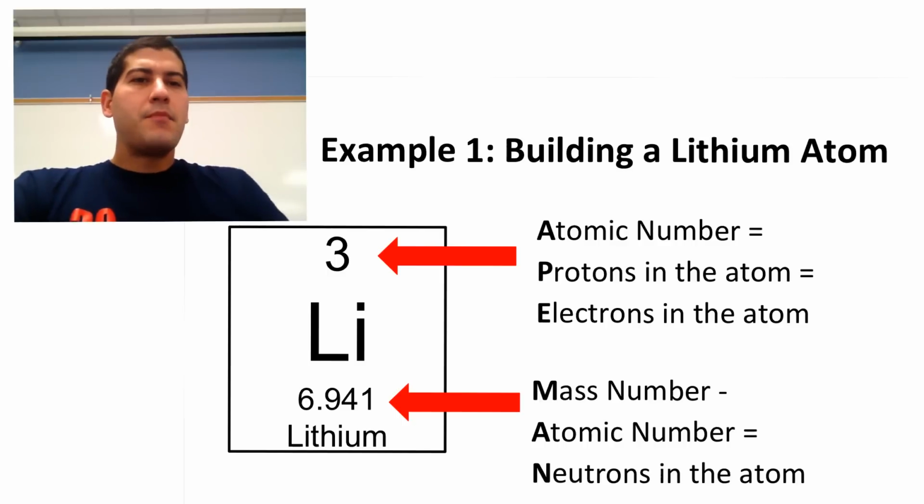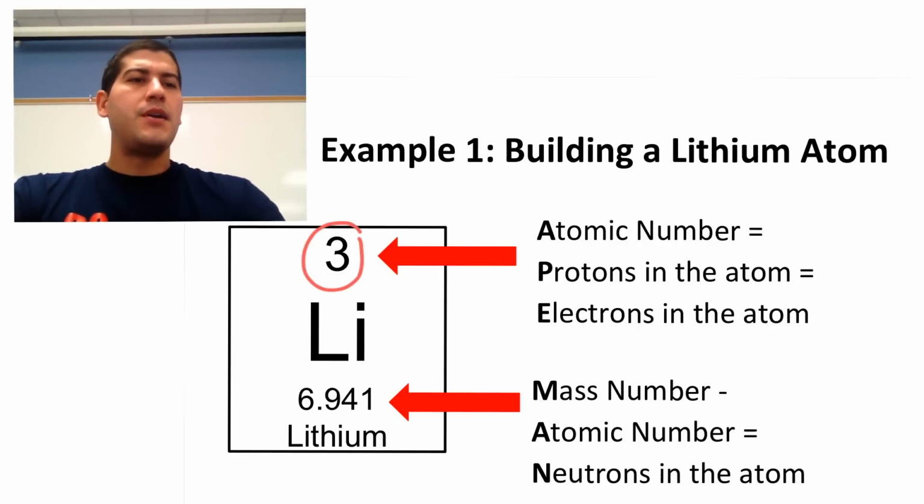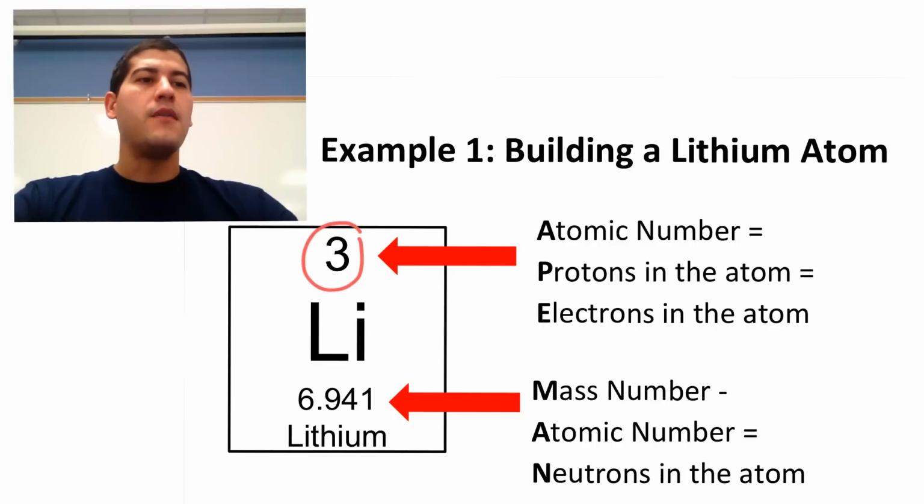The atomic number for lithium is up here, it's 3, which means the number of protons in an atom of lithium is also equal to 3, and because there are the same number of protons as there are electrons, we have 3 electrons in a lithium atom.